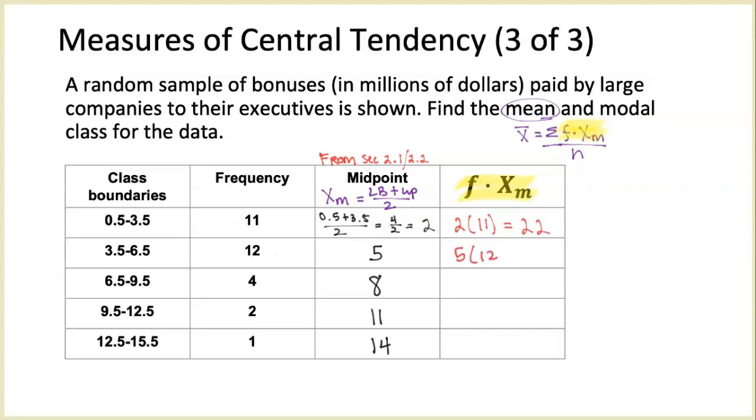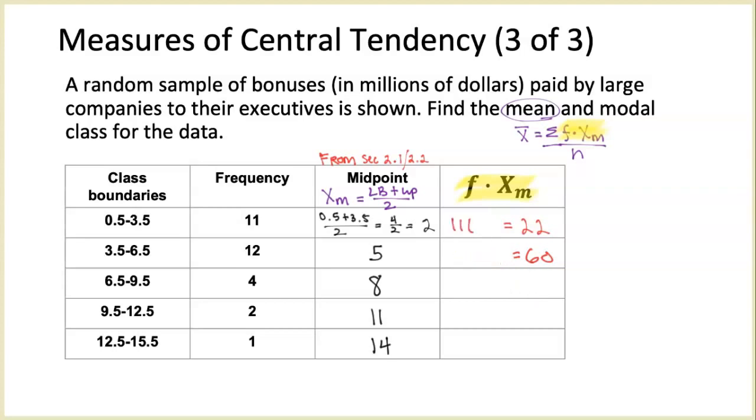Same thing with the next one. We take a frequency of 12. So there's 12 individuals in this interval that received a bonus from $3.5 million to $6.5 million. And a midpoint of 5 just tells us that the typical bonus was around $5 million. So if those 12 people each received $5 million, then that's $60 million total for that interval.